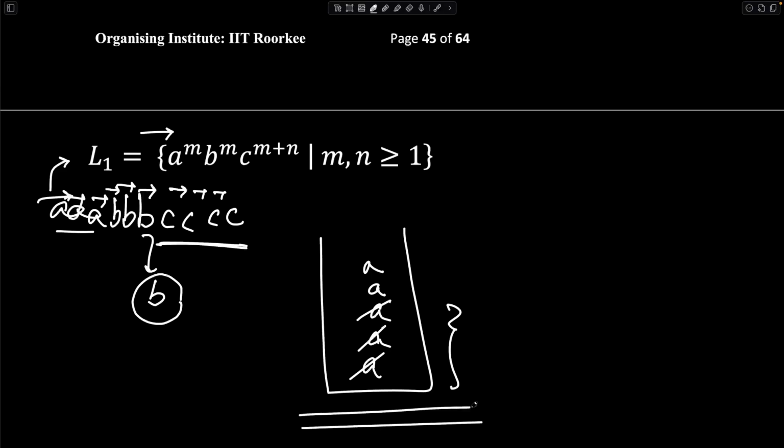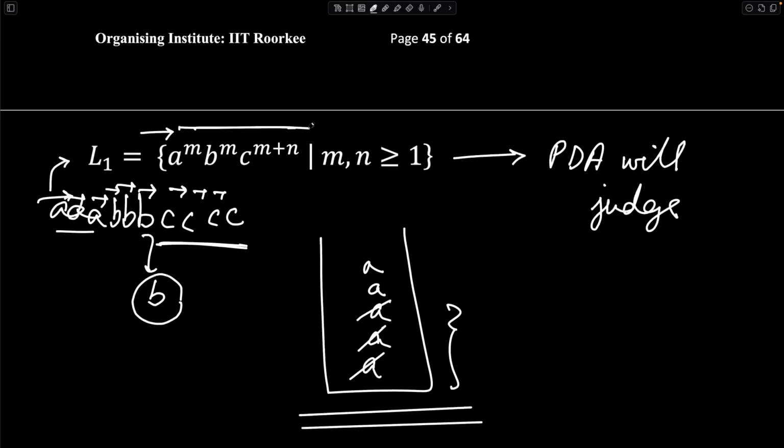This cannot be done with a single stack, and that is why this string cannot be accepted by a pushdown automaton, right? A pushdown automaton will not be able to judge whether strings of this format, if presented to any PDA, are part of L1 or not, because it is not powerful enough to do that.